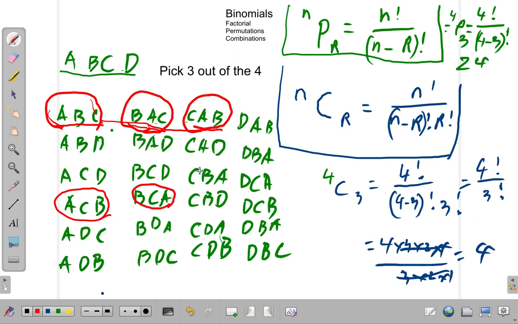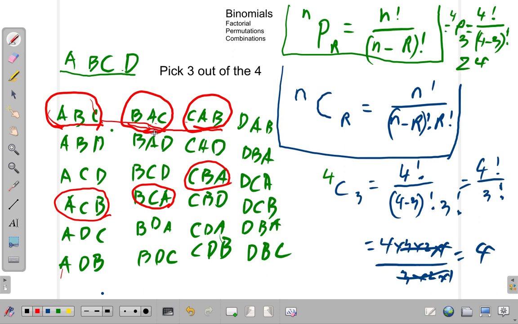BCA, CBA. Alright, so that's 1, 2, 3, 4, 5, 6 of them. Okay. Now, we have found these as one combination of A, B, and C.